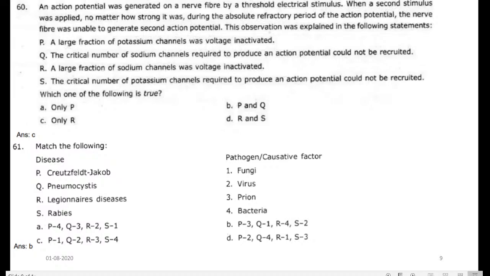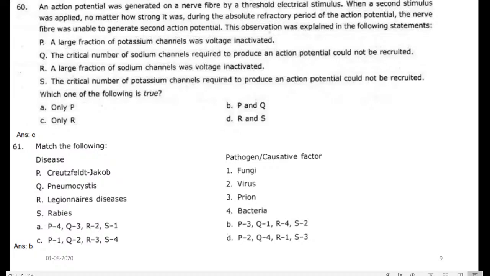This observation was explained by the following statement. Which statement is right? The true statement is R1, that a large fraction of sodium channels was voltage inactivated.